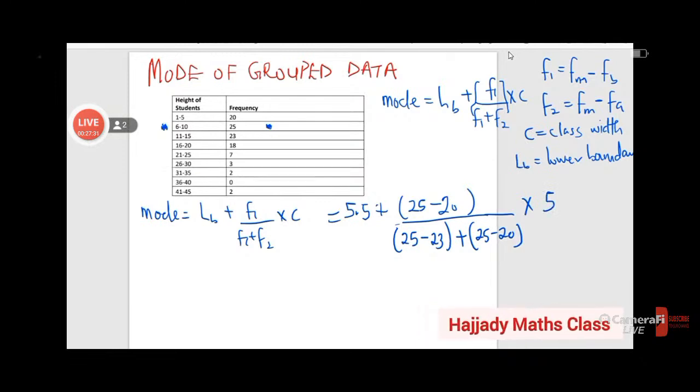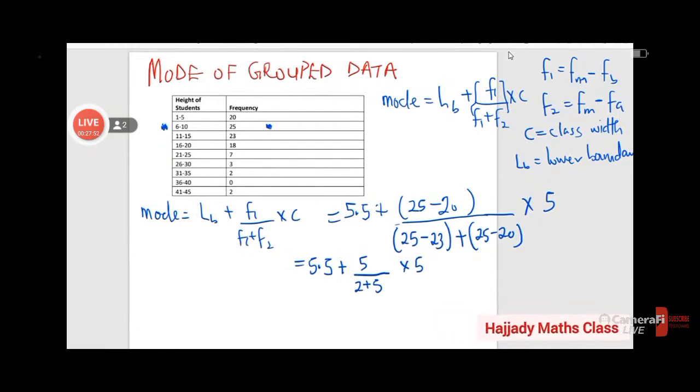Simplifying further, I have 5.5 plus 25 minus 20, which gives 5, over 25 minus 23, which gives 2, plus 5, multiplied by 5. So my mode is 5.5 plus 5 over 7 multiplied by 5.